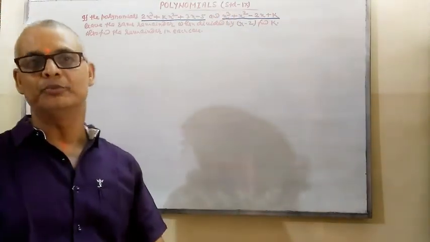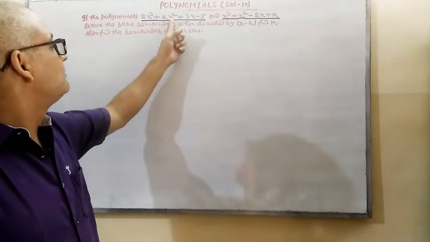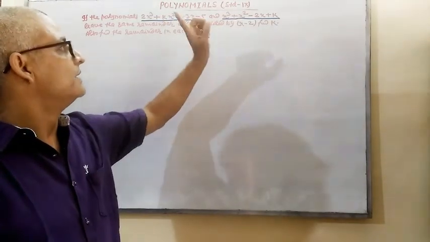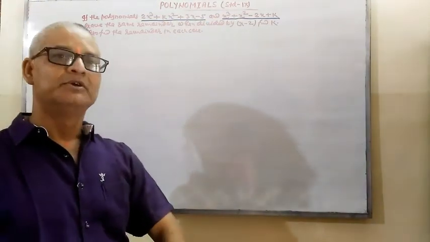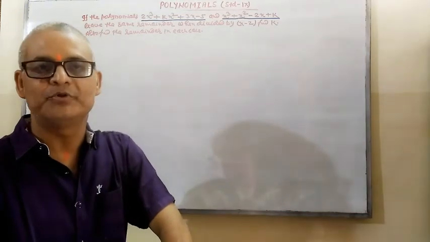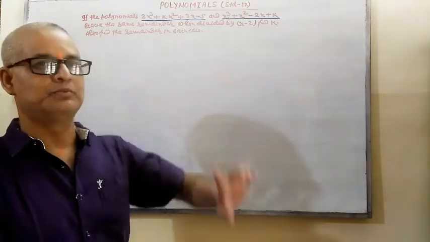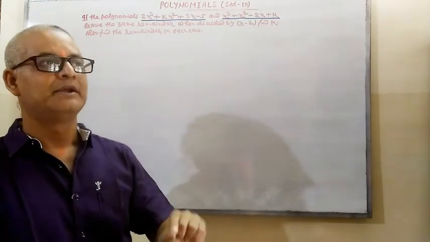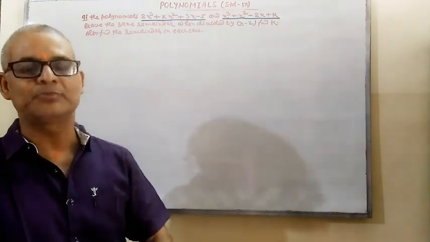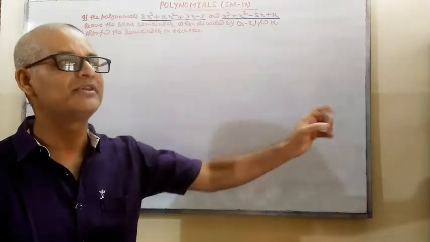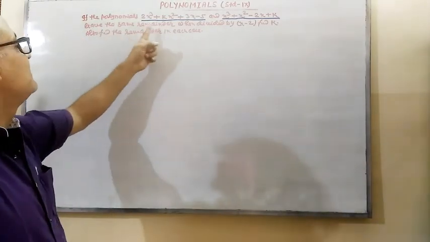There are two polynomials, one polynomial, second polynomial. And this question is saying, when both the polynomials are divided by x minus 2, then for both polynomials the remainders are the same. They leave the same remainder.